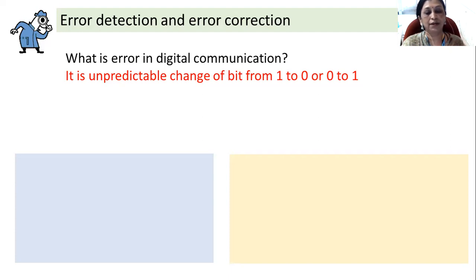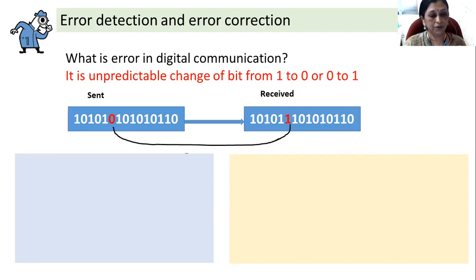But while transmitting the data, due to various reasons, some of the bits present in our information may change from 1 to 0 or 0 to 1. If this happens, then error is said to occur in digital communication.